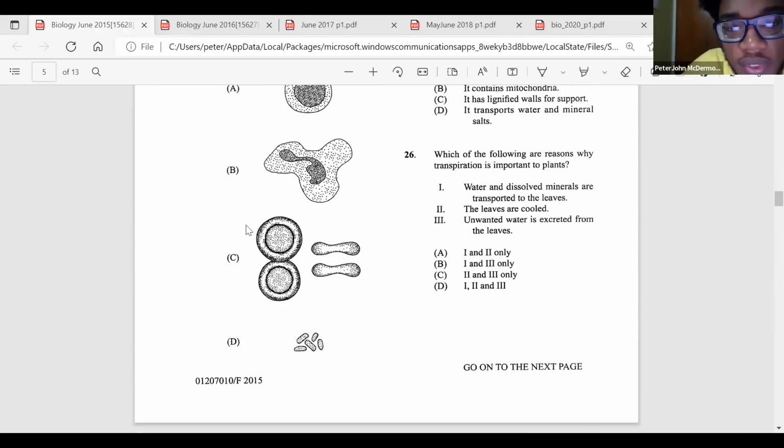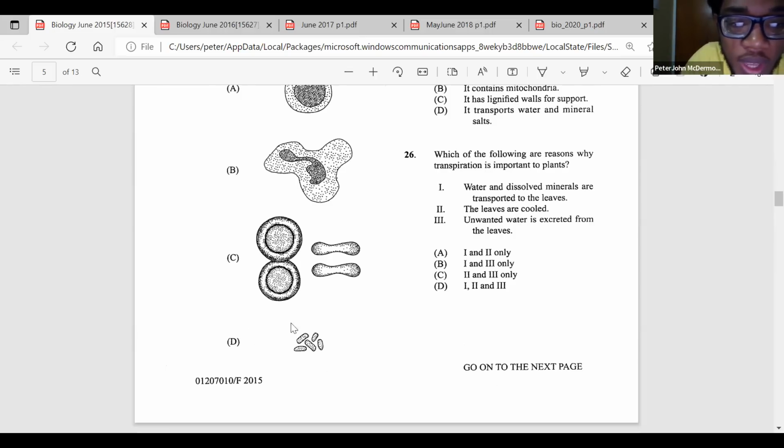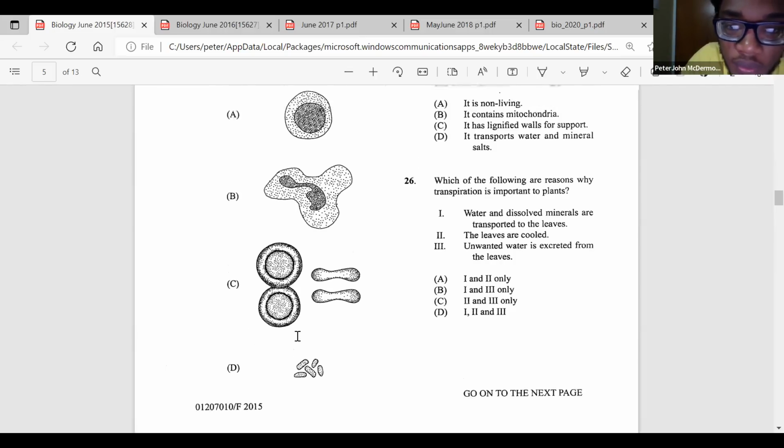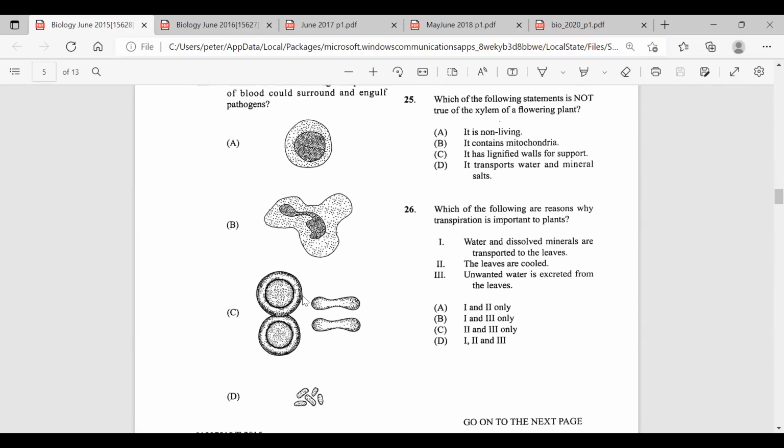Function of an erythrocyte? Transport oxygen. Yeah, that's it, pretty much. Function of a platelet? Form clots.